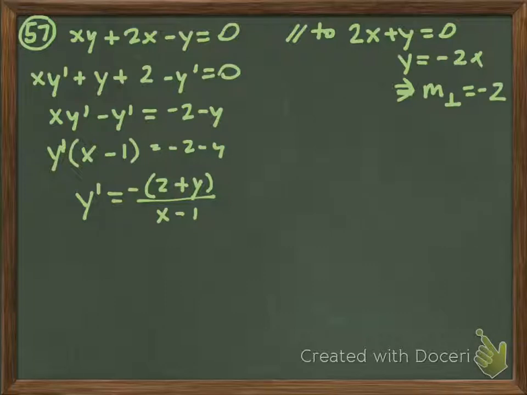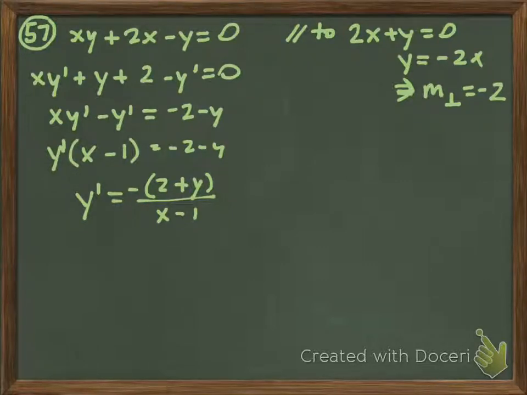Okay? Now, this is what I was saying about you have choices. I want my normal lines to be parallel to this, right? Which means I want my normal lines to have this slope. So I have a couple of options here. I can either adjust this expression that we just found for the derivative so that it matches this negative 2.